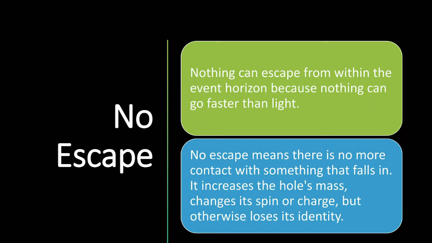So if you have a bunch of rotating objects falling into your black hole, then the black hole's rotation will change based on the things that fall into the black hole. So there are still laws of physics that are being conserved, like mass, charge, and angular momentum, but we lose information about the things that fell into the black hole.